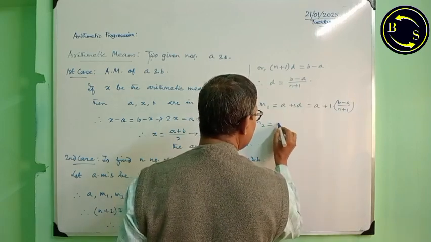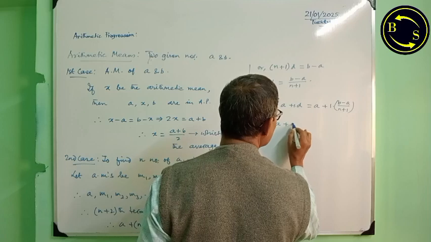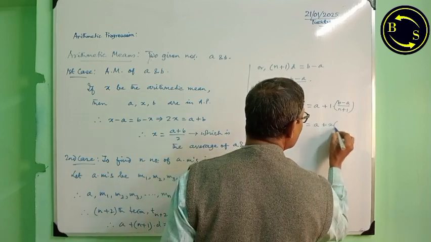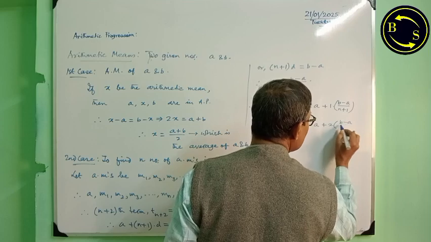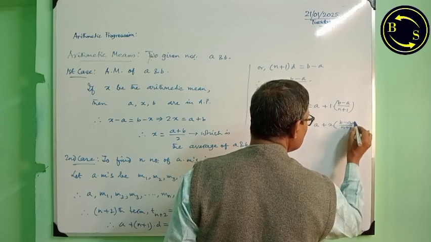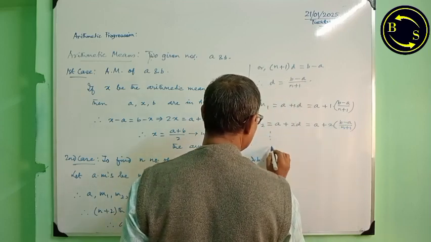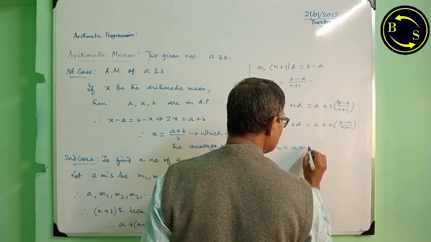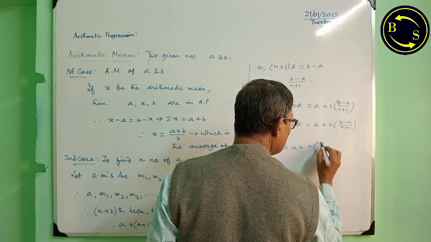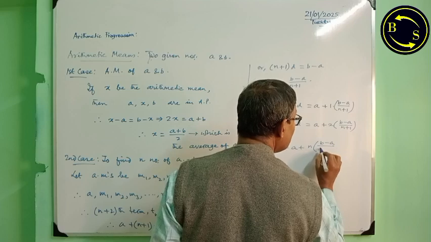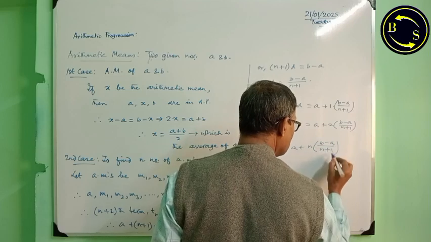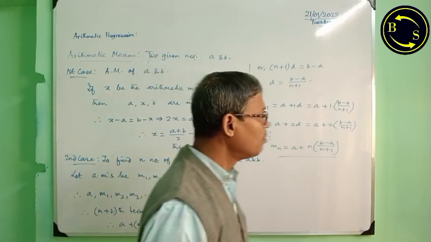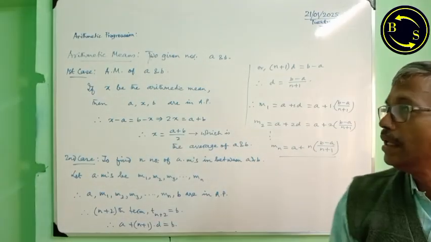Second mean will be A plus 2D, A plus 2 into B minus A by n plus 1. Following, nth mean will be equal to A plus n into B minus A by n plus 1. Thus, we have found n number of means between A and B.